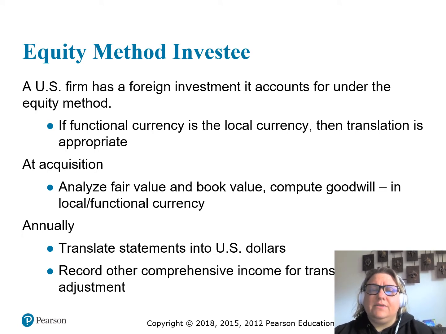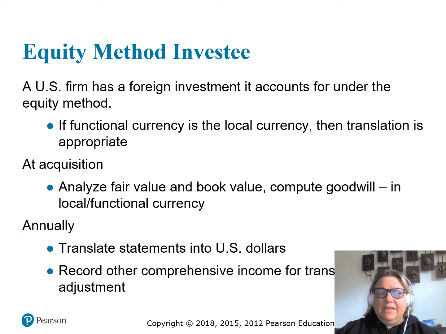So let's say the U.S. firm has a foreign investment in its accounts under the equity method. If the functional currency is the local currency, then translation is appropriate. So what you'll do is analyze the fair and book value, and compute your goodwill in the local functional currency.